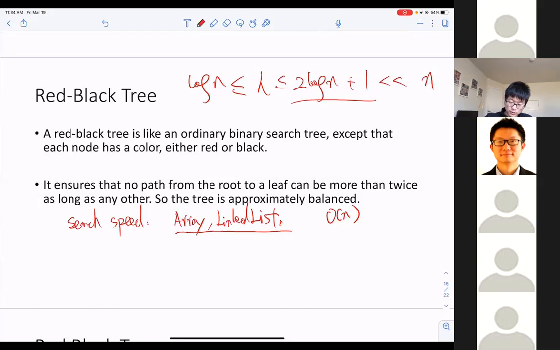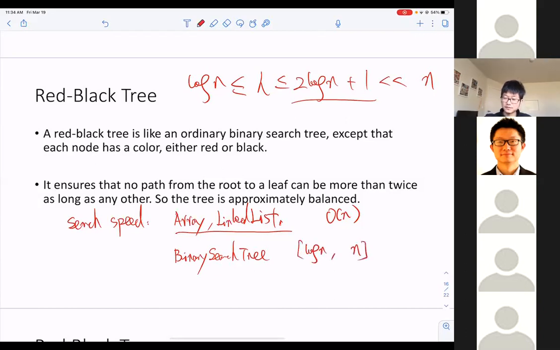And then we learned the binary search tree. The search complexity of the binary search tree is, in most cases, anywhere between log n and n. So it is in this range.